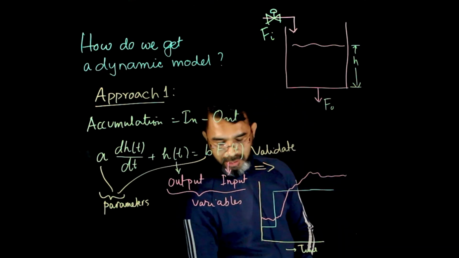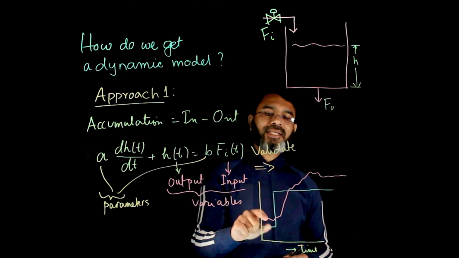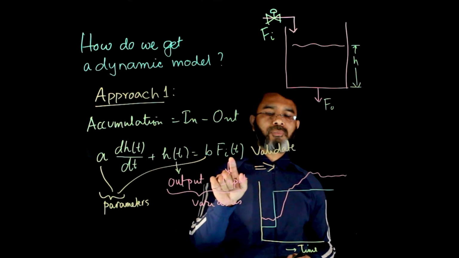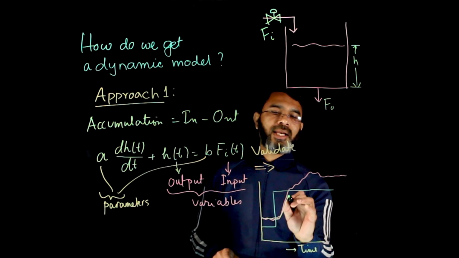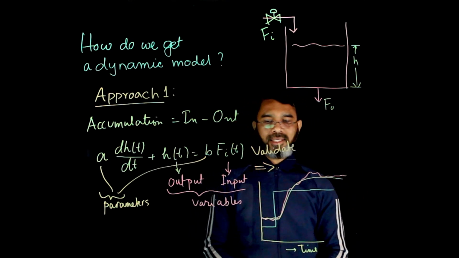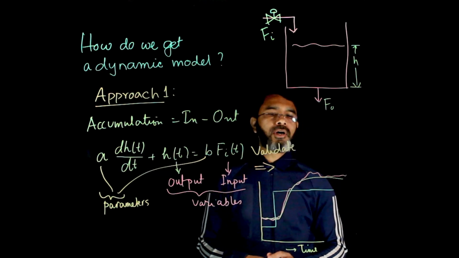You can use the solution of the model to predict the value of the output using the value of the input. And if you see that the model gives something like this, you say that this model is valid. So this is one approach for getting a dynamic model for a process.